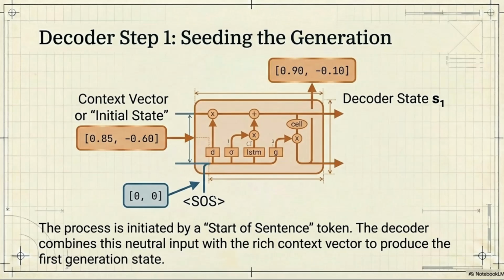So the decoder combines this token with our rich context vector to produce its first internal state. Let's say after doing all the calculations, we get this 0.9 and -0.10.